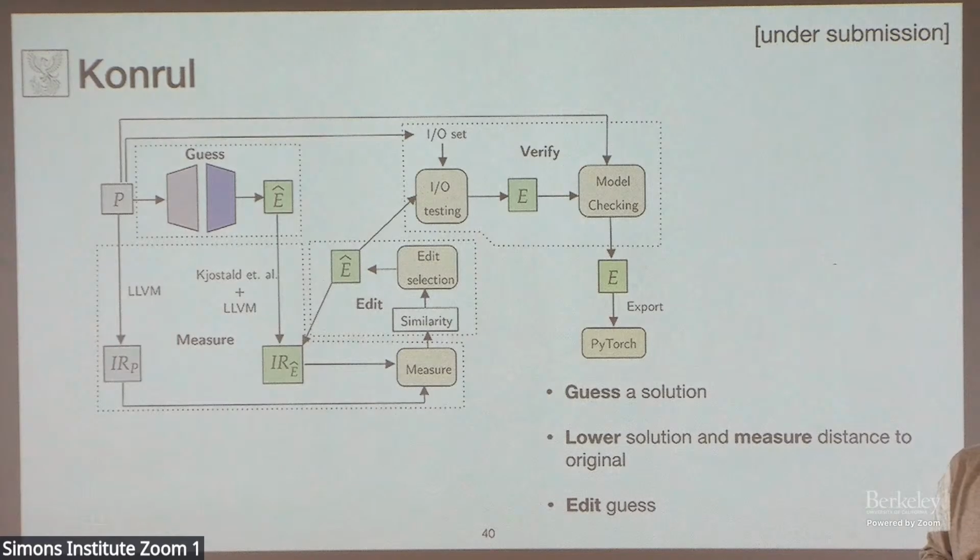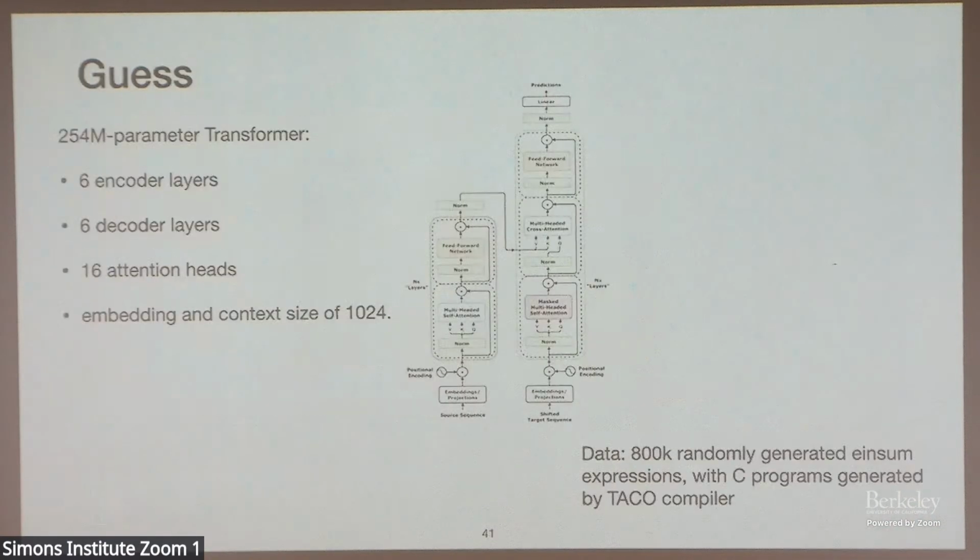The idea behind ConRule is that we take a language model and guess the solution with the language model, and then we use lowering and measurement to estimate how far away we are, and then we search this space of edit rules using this measurement to estimate whether we are getting closer. The really nice thing about ConRule is that I don't have to spend all of my money on OpenAI anymore. So with ConRule, we have a really small language model.